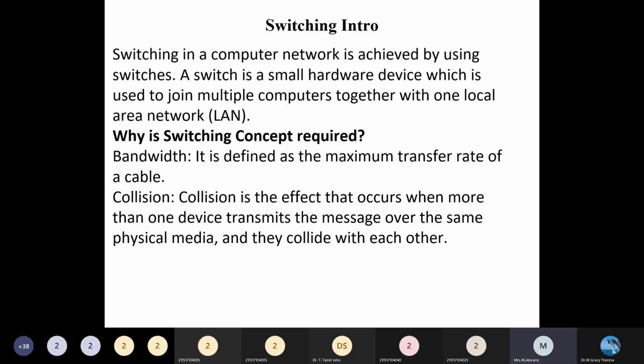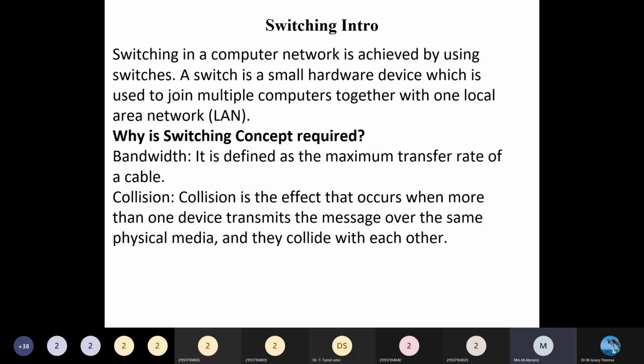Why is switching required? Establishing the connection between two or more computers is called communication or a network, isn't it? Switching in a computer network uses multiple hardware devices.